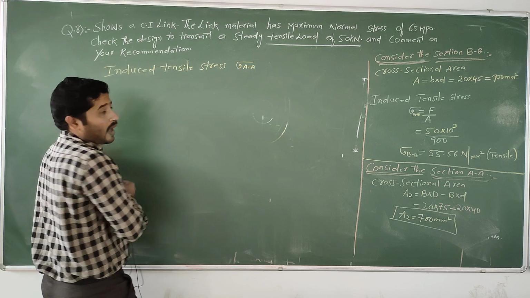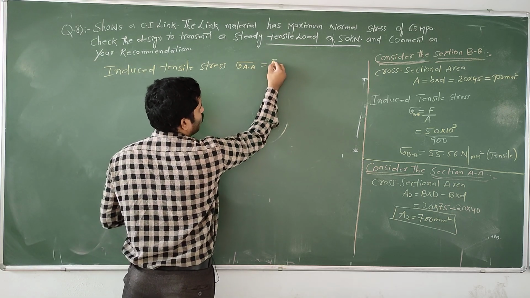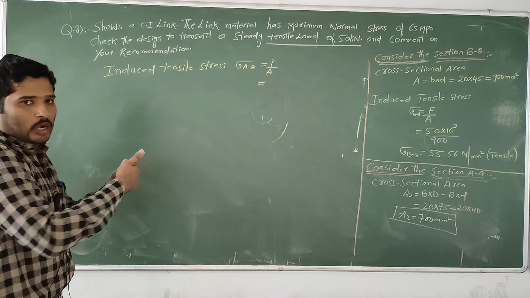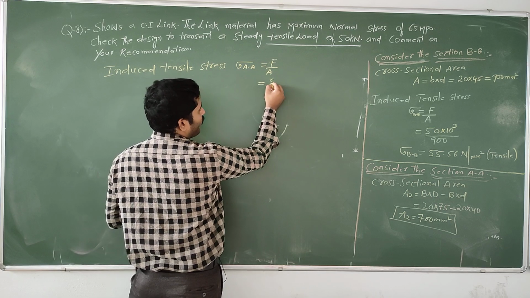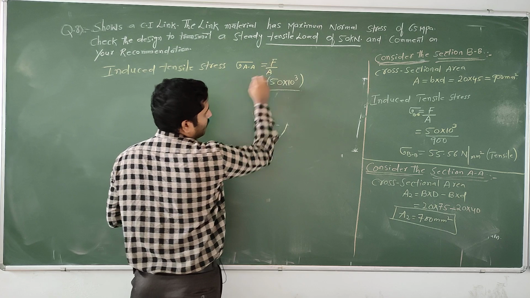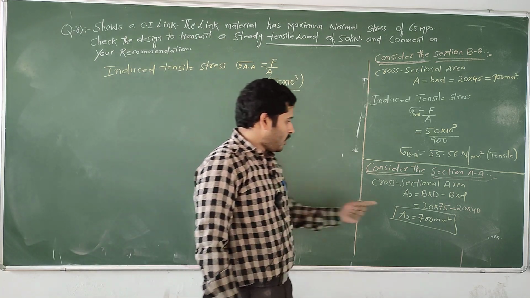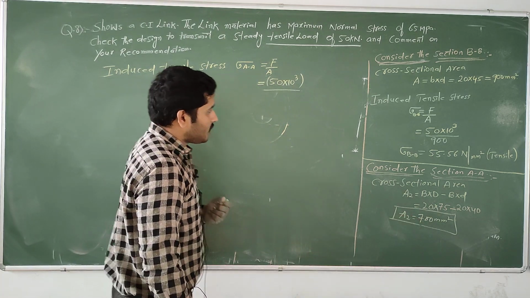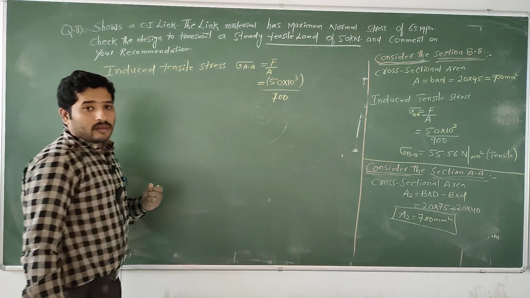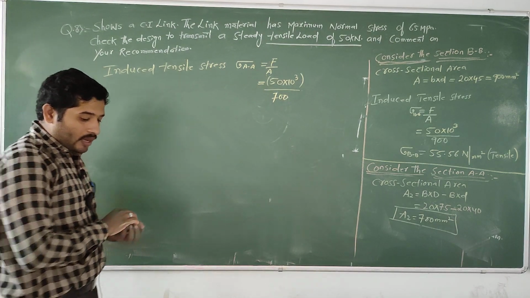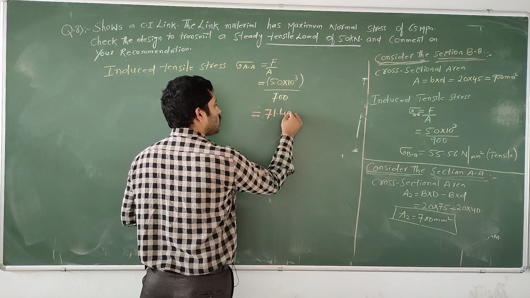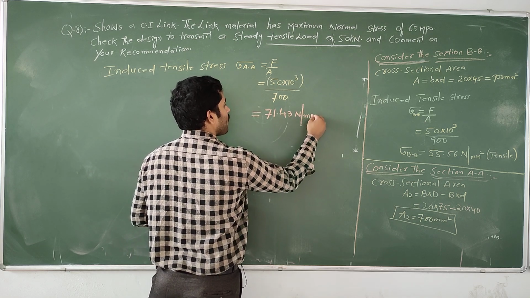Again, we have to use the same formula, force per unit area. The force acting is the same axial load, 50 into 10 power of 3. The area of this section is 700. If you divide with the help of the calculator, you will get the answer 71.43 Newton per mm square.